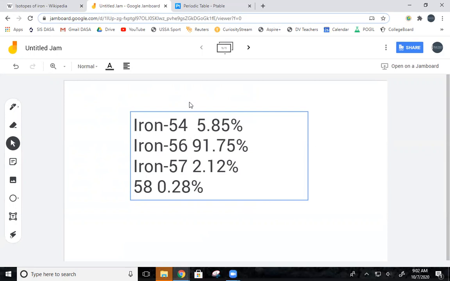Then hit equals again. Then add that to 57 times 0.0212. And then add that to 58 times 0.0028.